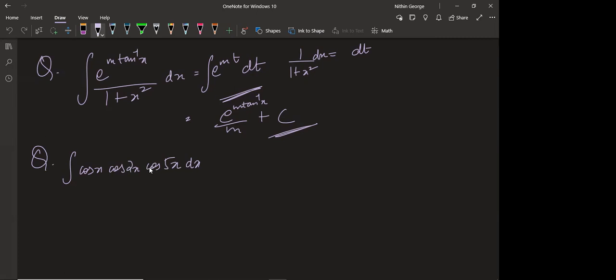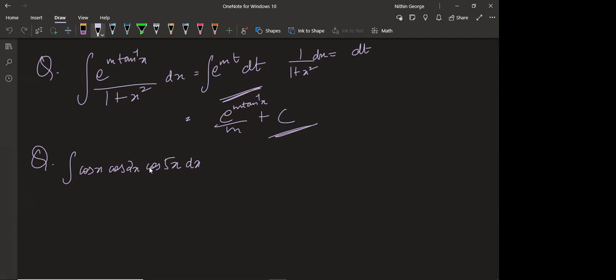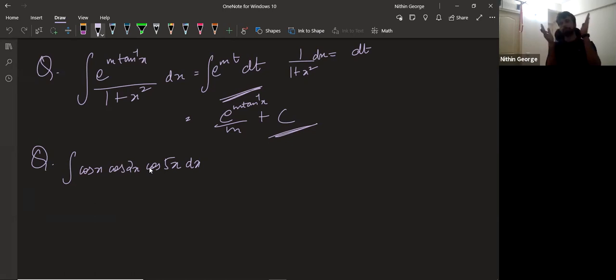Multiply and divide by 2. Why? So that we can write 2 cos x into cos 2x as cos of a plus b using that formula. That's what you split it into a sum. Okay, what you said is correct. You split it into a sum here.